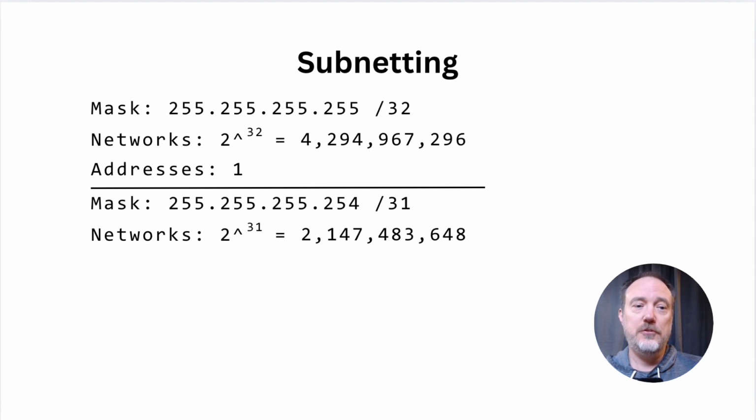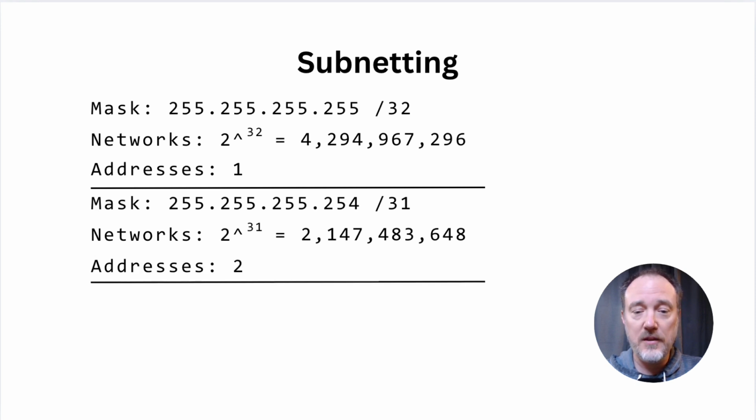So this gives us 2,147,483,648 networks. With 31 network bits, there would be one host bit. So to calculate the number of unique addresses, we take 2 to the power of 1, and that gives us 2 unique addresses per network.